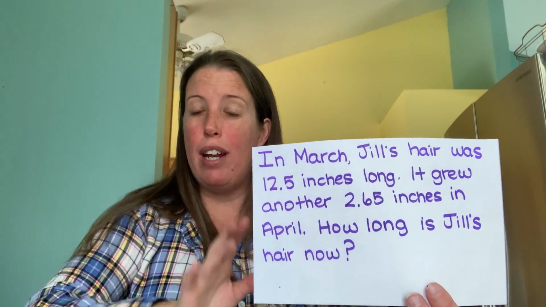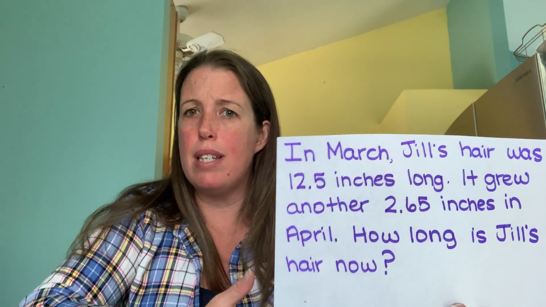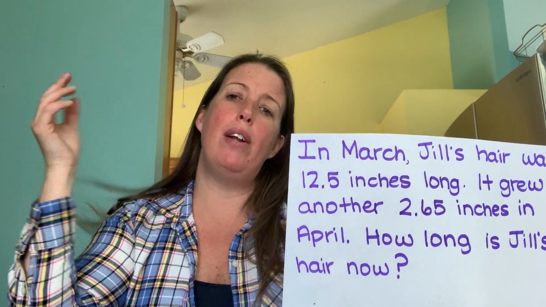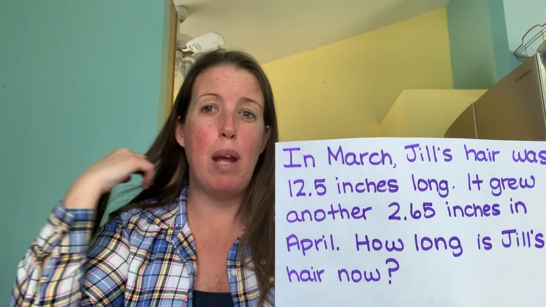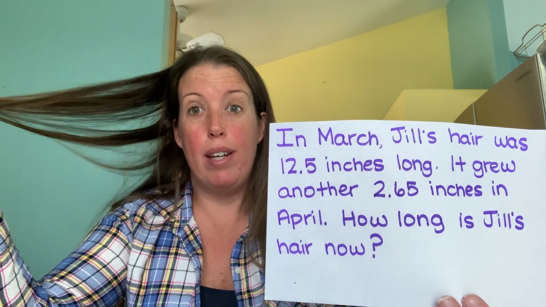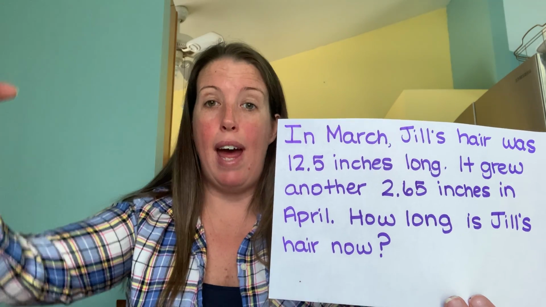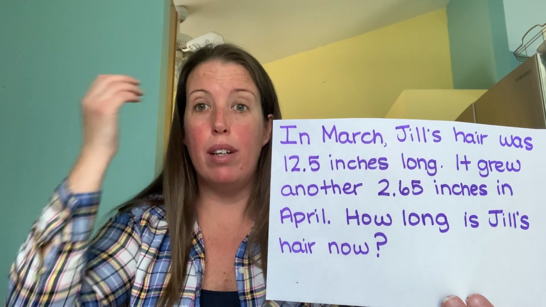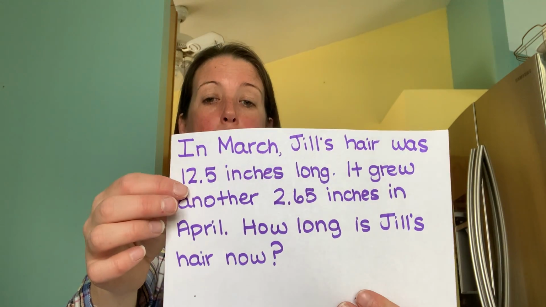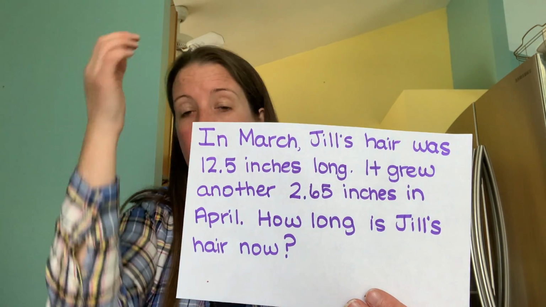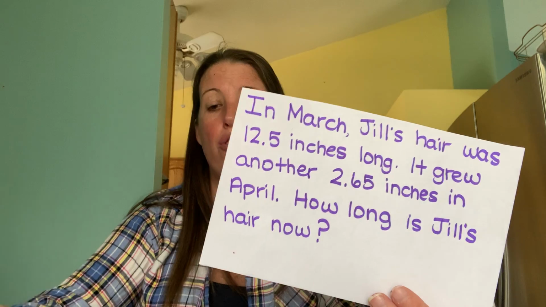So this one can be kind of tricky. It kind of sounds like, well, is this subtracting? But they don't want to know how much longer it is. They want to know how long is her hair. So I have to take what it was in March and then add on her April length. So I'm going to be adding 12 5/10 and then an extra 2 65/100.